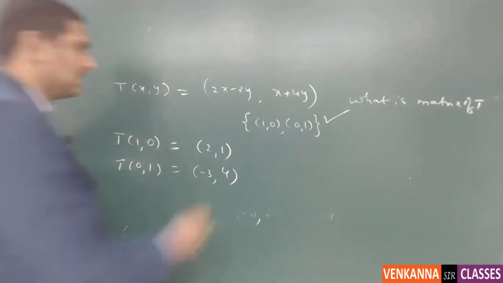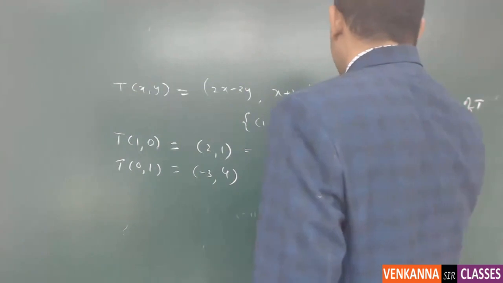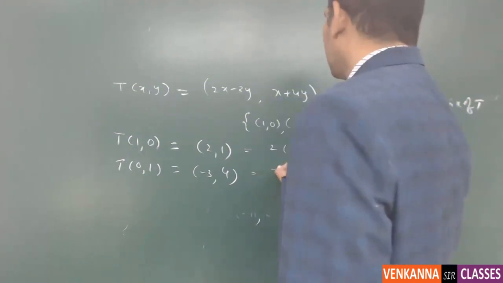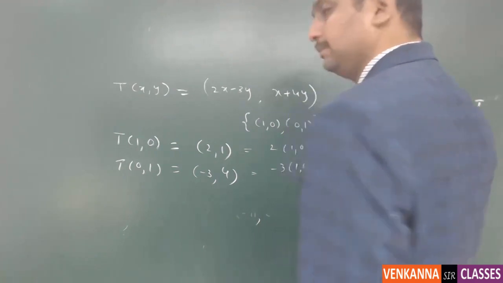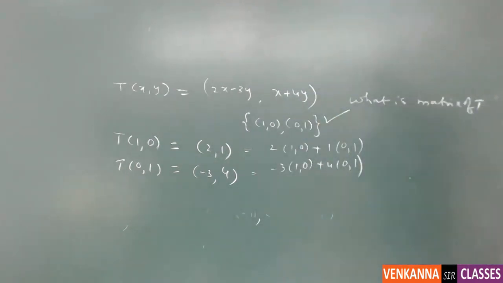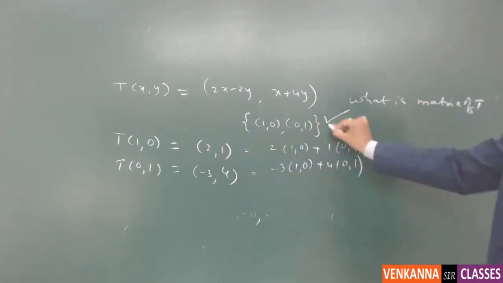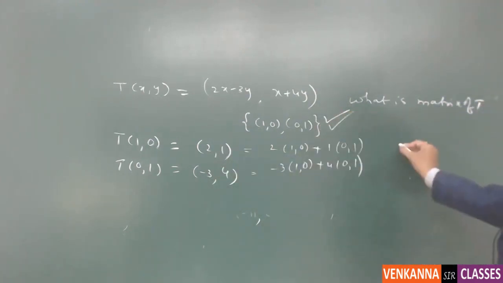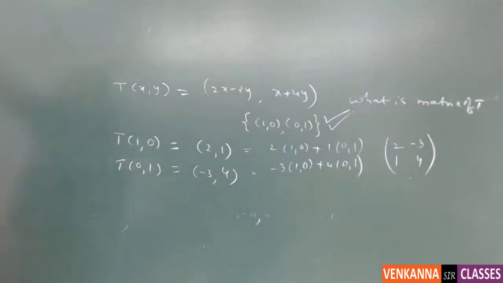It is evident that 2 into (1,0) plus 1 into (0,1), and minus 3 into (1,0) plus 4 into (0,1). So the scalars are nothing but the image values as they are. So the matrix is 2, 1, minus 3, 4. This is the matrix of T.